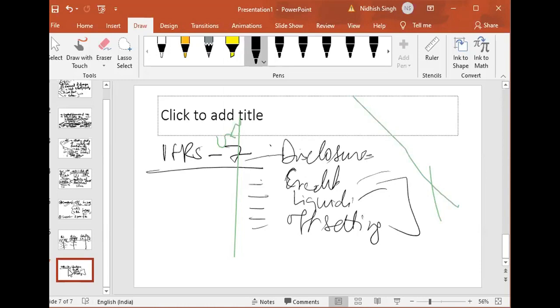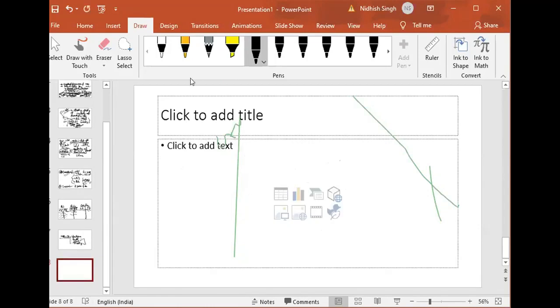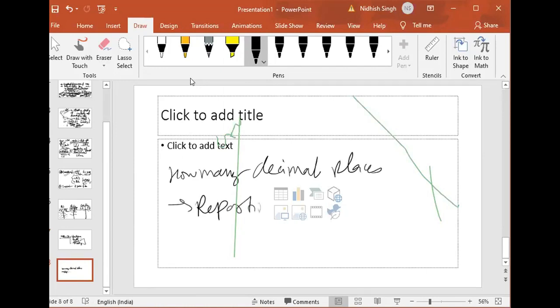Level of rounding, even these are important decisions to make. How many decimal places are you going to show numbers for? How many decimal places? Reporting period. These are another salient piece of information which is important.